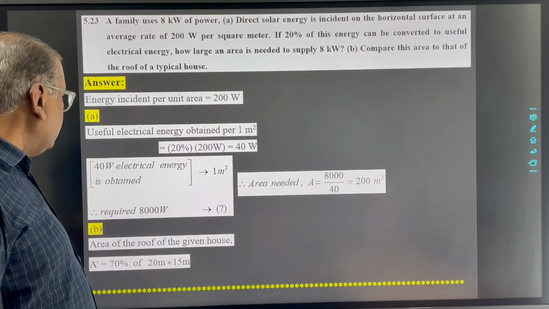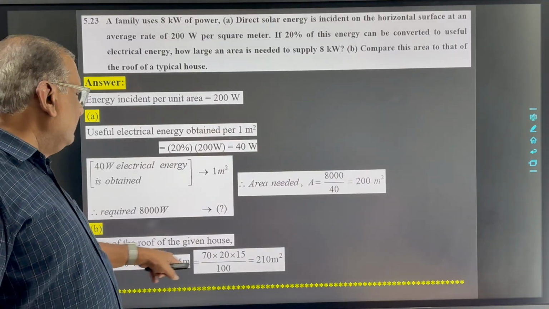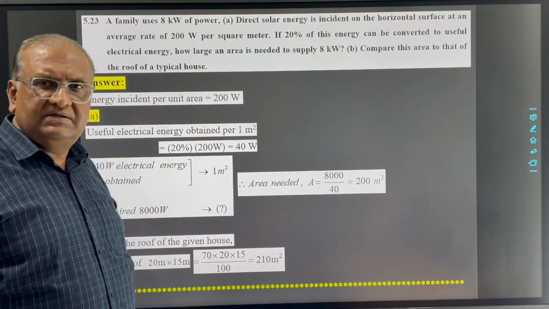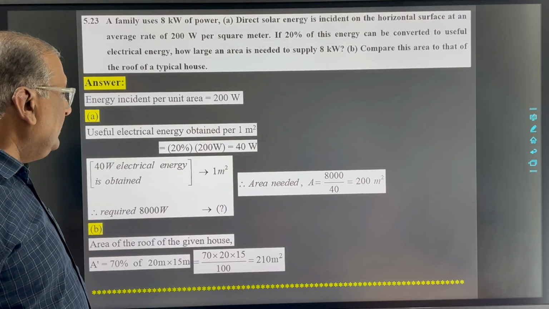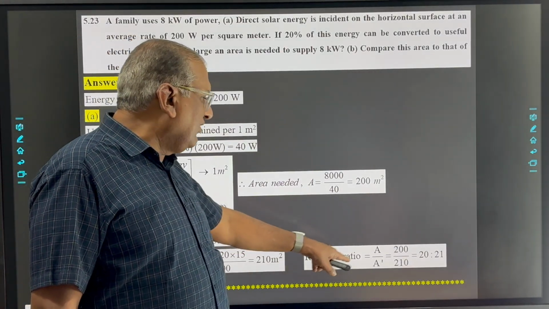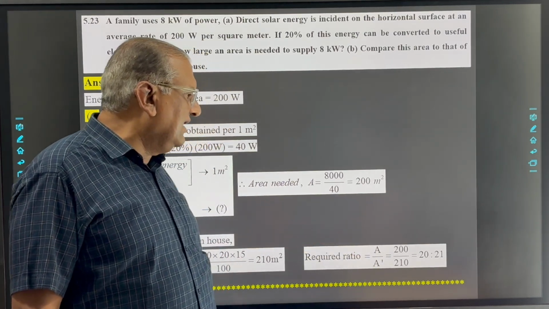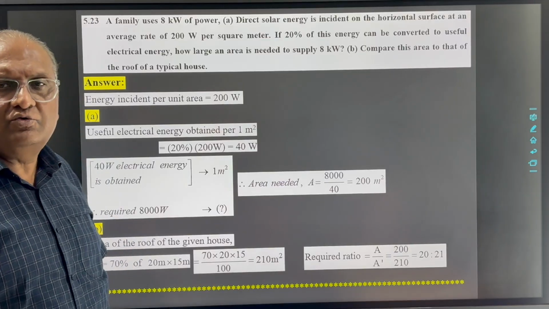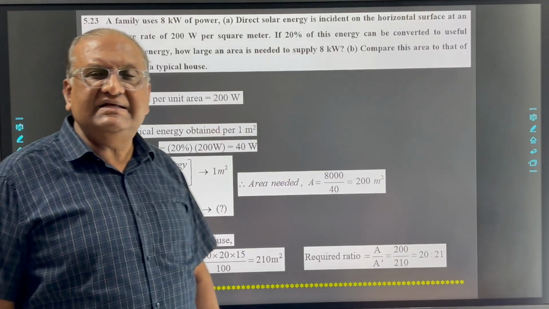Then 70% of it that we can use comes to 210 meter square. Our required area is 200 meter square. So for the comparison, the required ratio A by A dash is 200 by 210, that comes to 20 upon 21. Clear? Now the entire chapter is completed.